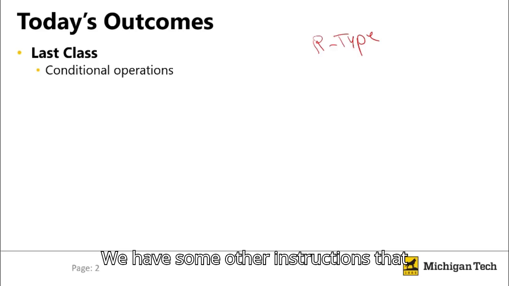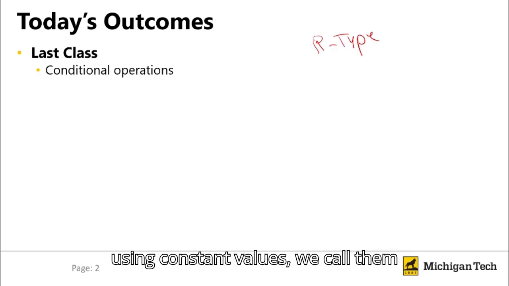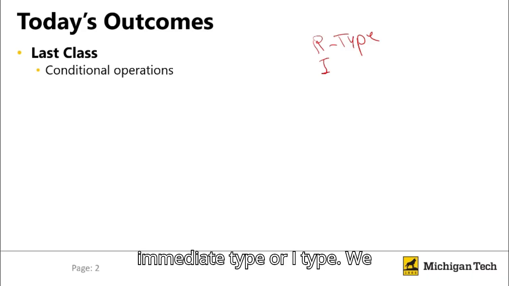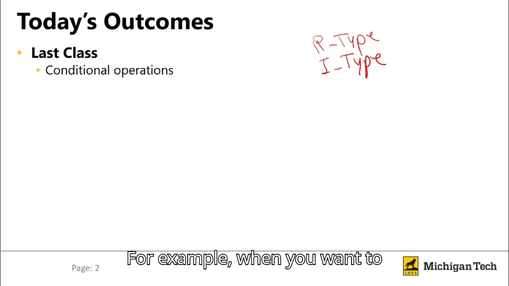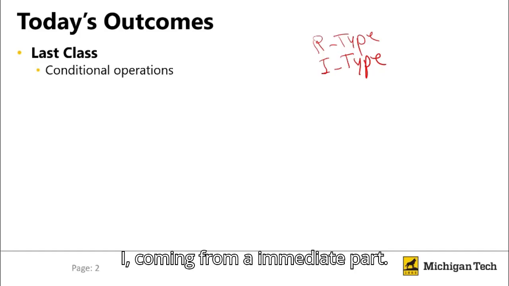We have some other instructions that use constant values. We call them immediate type or I type. For example, when you want to add a register with some constant, you can use addi, coming from immediate. We also talked about load store architecture.